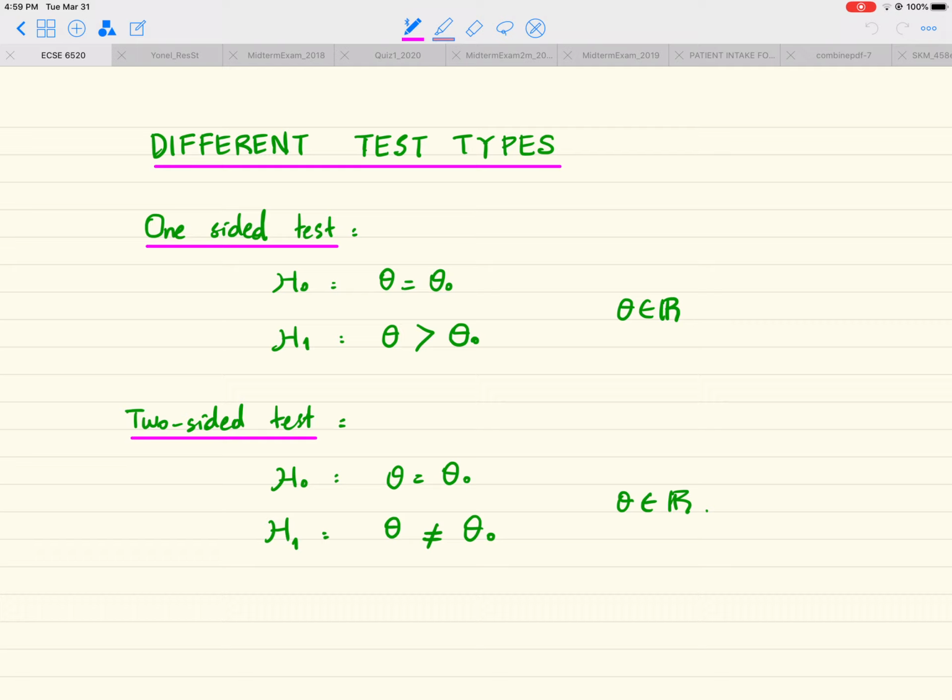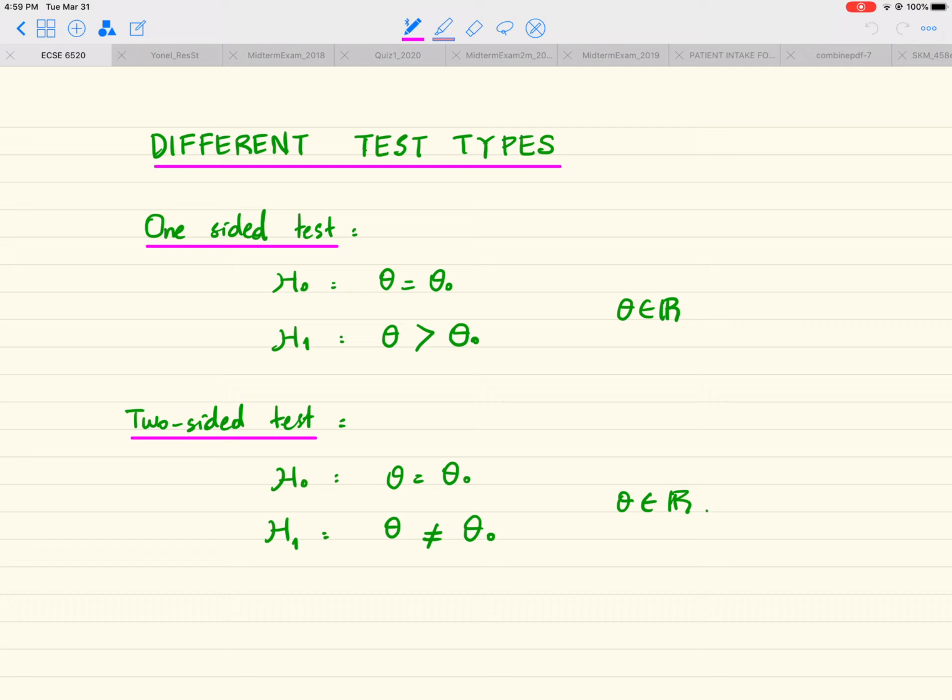Alternative hypothesis, on the other hand, theta takes a continuum of values. Okay, and in that case, of course, the alternative hypothesis is composite.